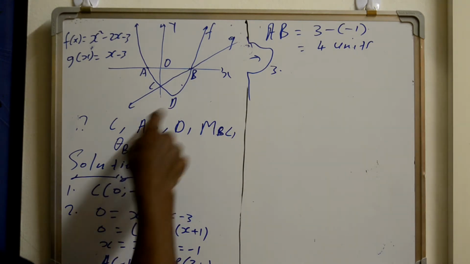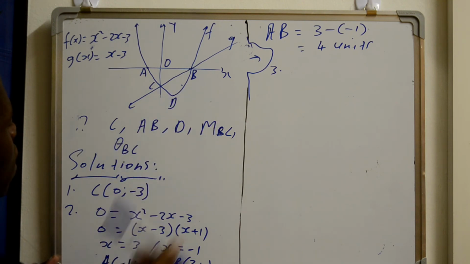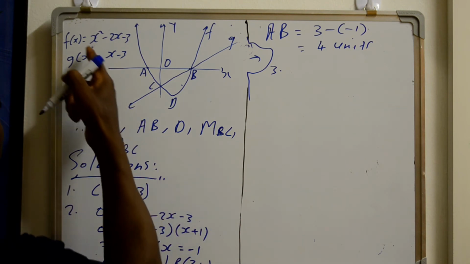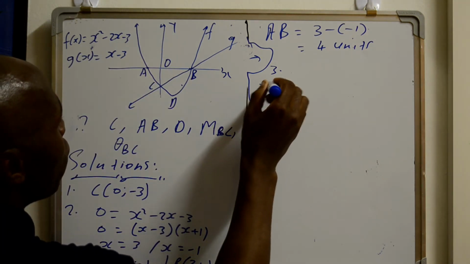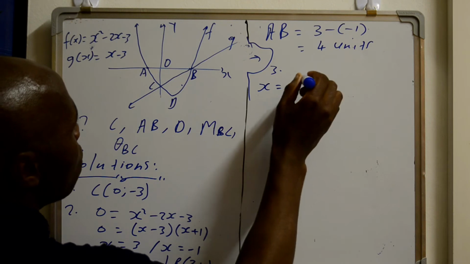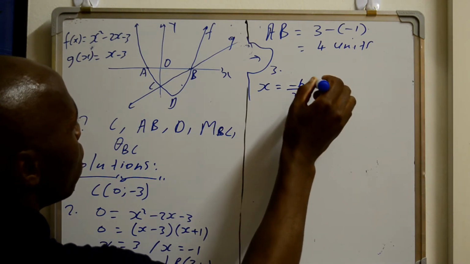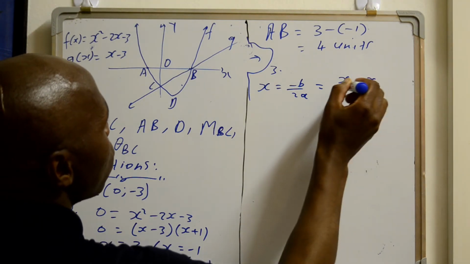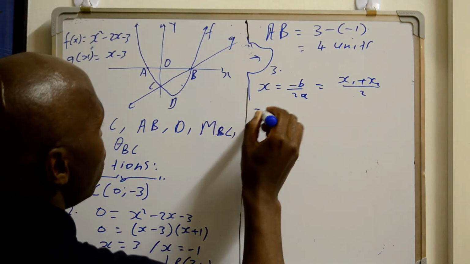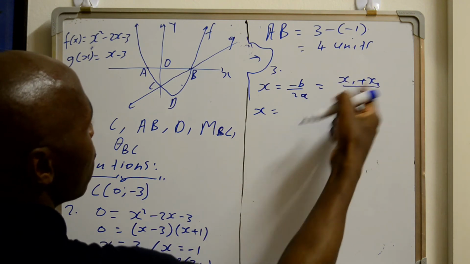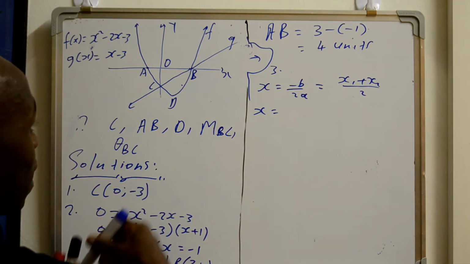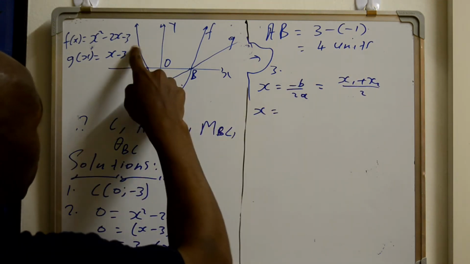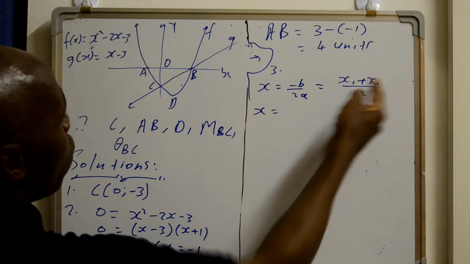Now let's calculate the coordinates of D. The coordinates of D are very simple. This is the turning point, point D. For the turning point, the x value is minus b over 2a. The same value is equal to x1 plus x2 over 2. So you can use either of these. If they give you the x-intercepts, you can use this one.